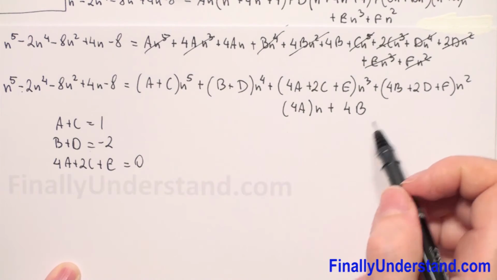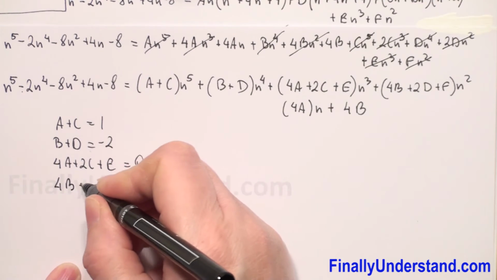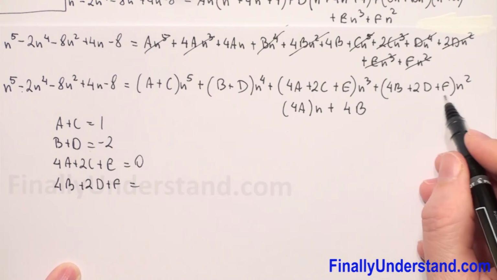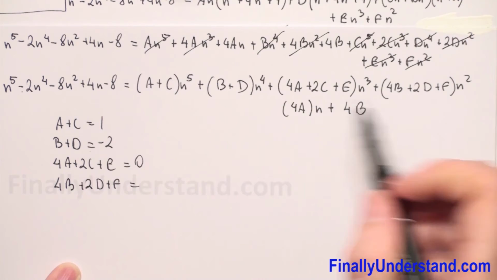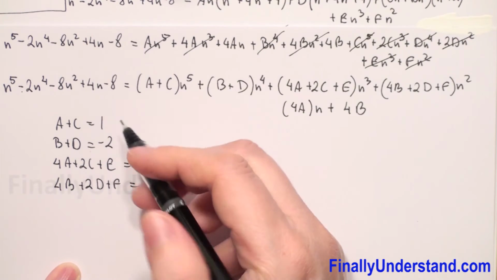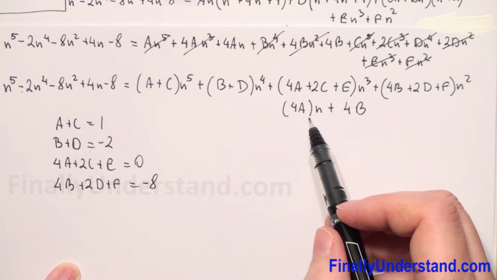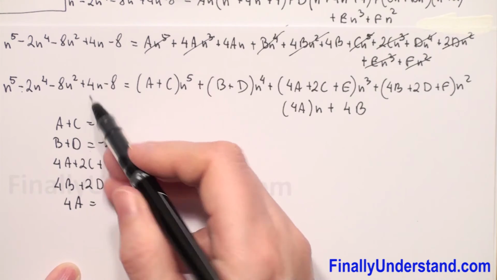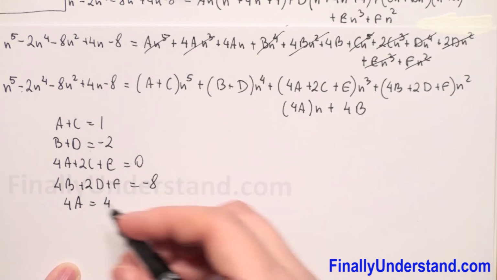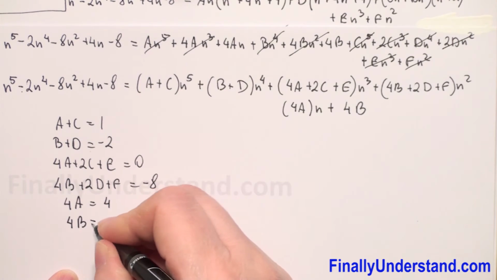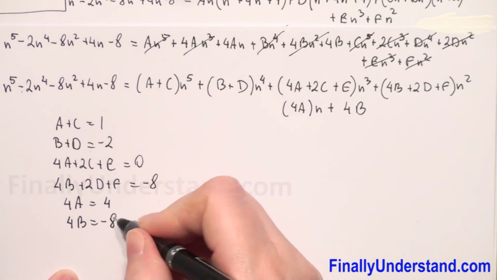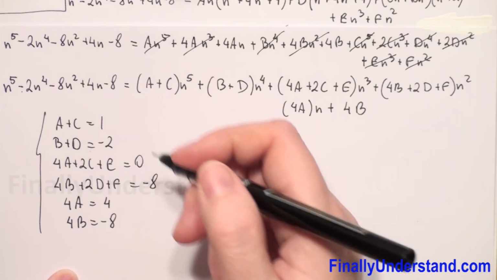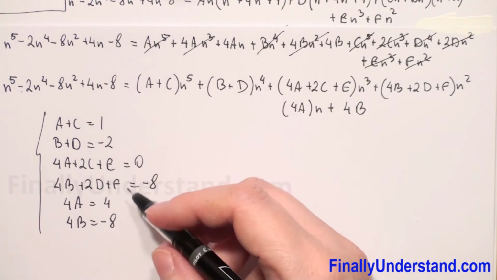Next we have 4b plus 2d plus f, coefficient before n squared, on the right and on the left is negative 8. Now, before n, we have 4a. A must be equal 4. And constant 4b must be equal negative 8. We have 6 equations, 6 unknowns. So now we have to solve this.